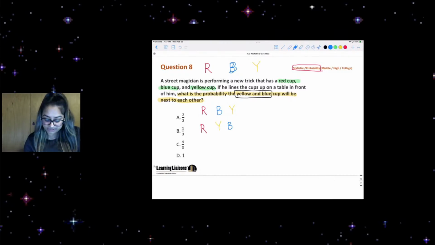So I move on to a different color. Let's do blue. So now I'll have a blue cup, a red cup, and then a yellow cup. I can do blue again, a blue cup, this time a yellow cup, and then a red cup.